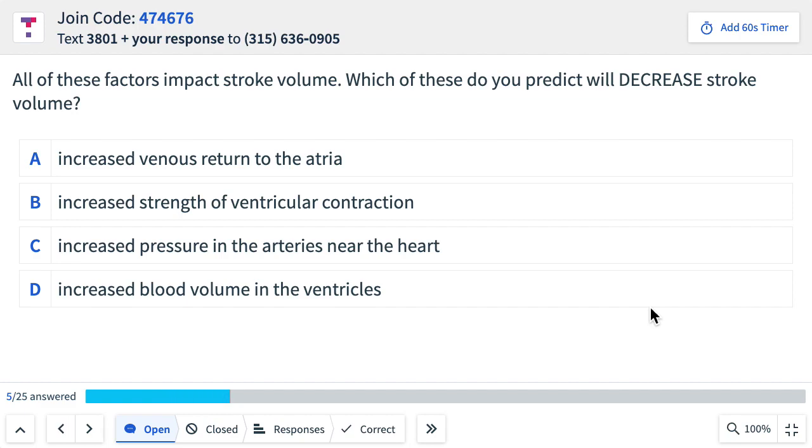And then increased pressure in the arteries: if there's pressure increase in the arteries, that's going to cause it to go slower because there's more pressure. It's all pressure. So there's less pressure below.